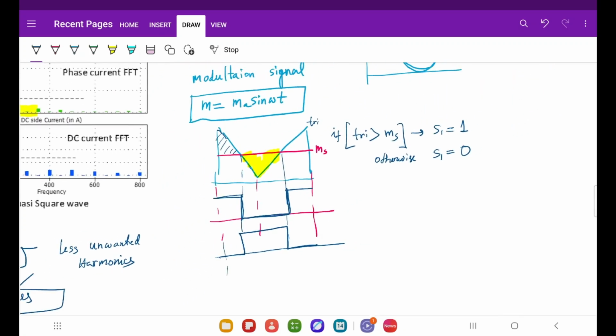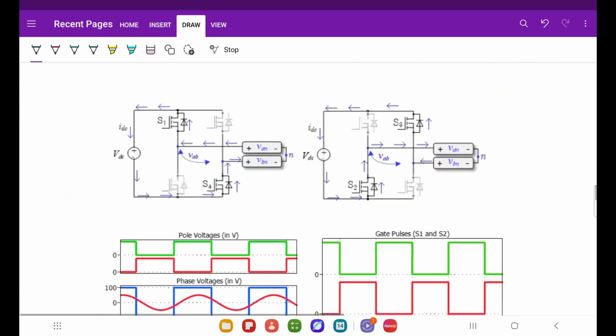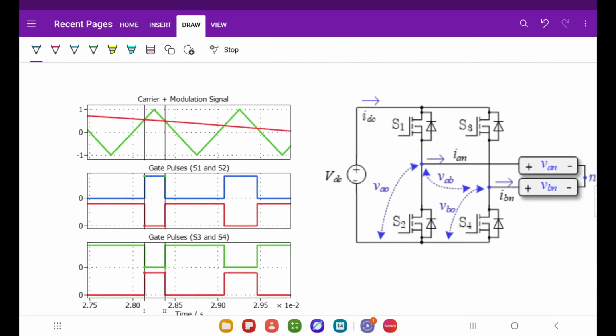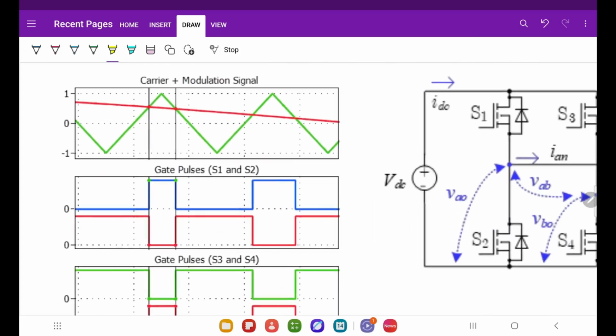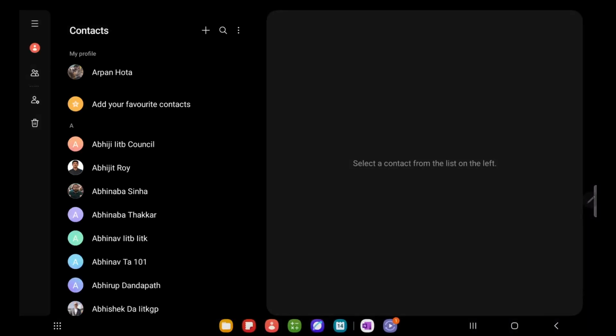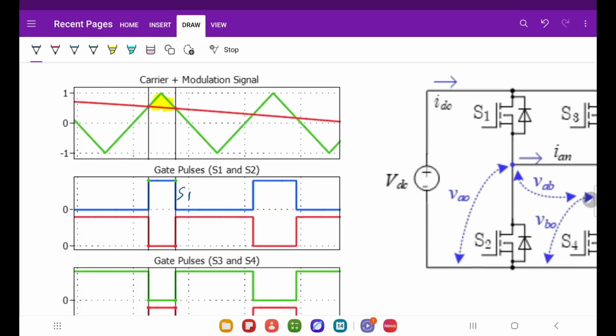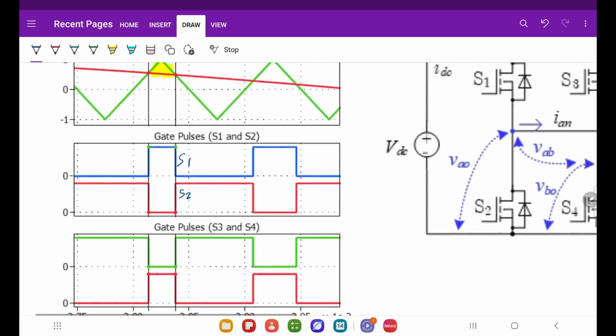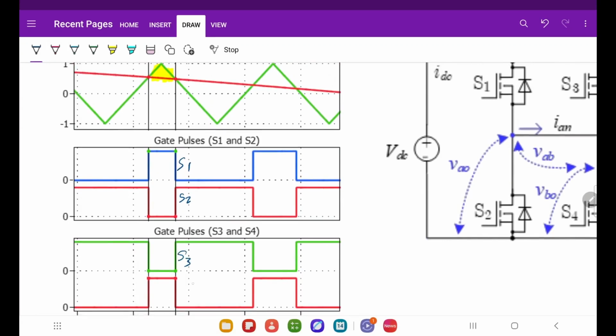Let me show you a very good waveform of it, which is here. So you can see that in this duration the triangle is higher, so this switch is 1, which is S1, and this is S2, okay, and this is S3 and S4.